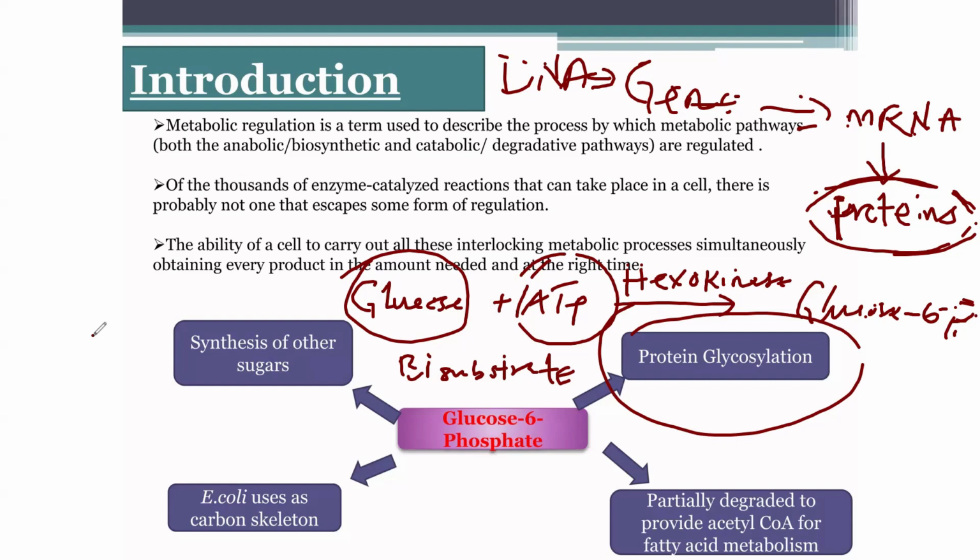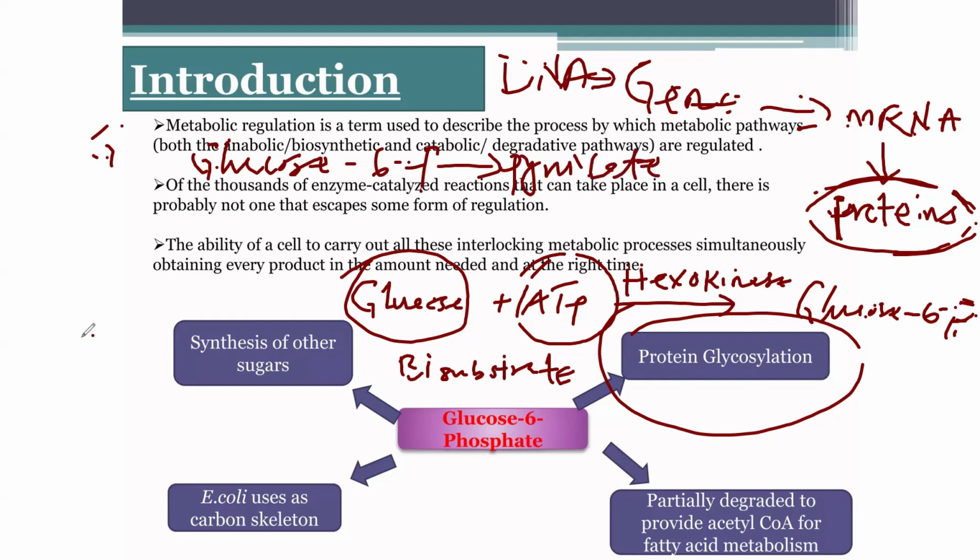At the same time, glucose 6-phosphate can be partially degraded through the process of glycolysis into what we call pyruvate.